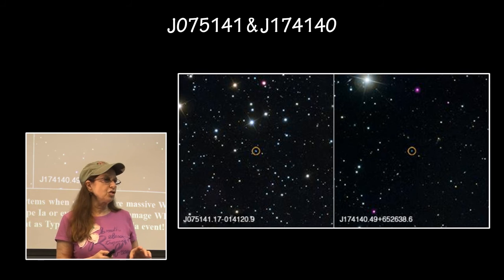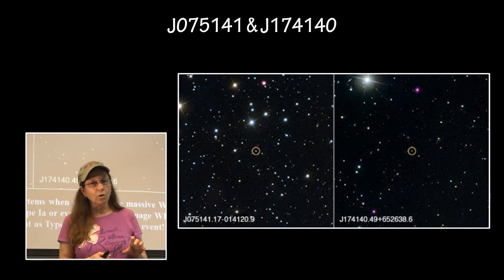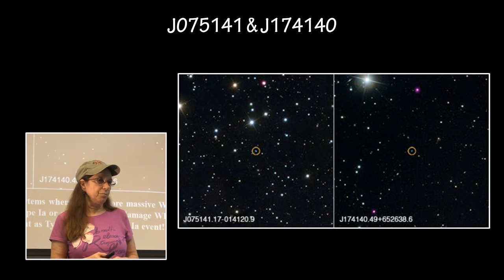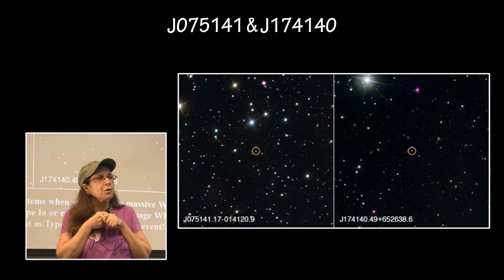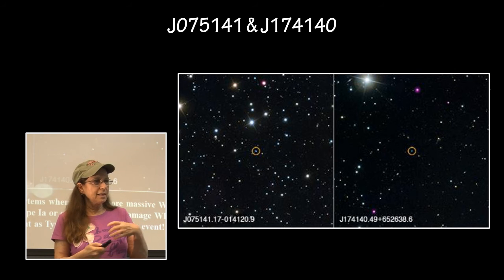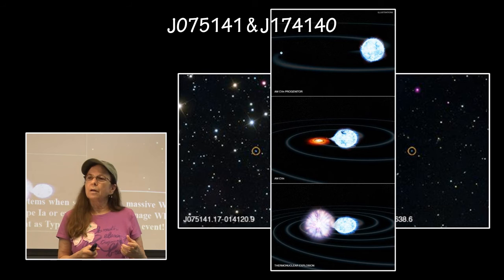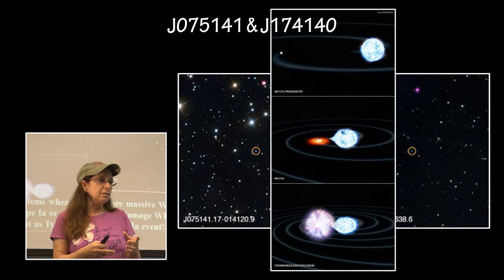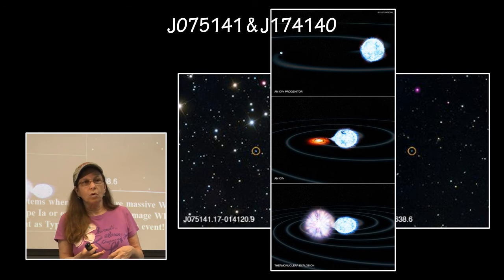They are rapidly approaching the AM CVn category of cataclysmic binary stars, and when they come together, there's more than one possibility as these stars merge. Number one, maybe there's one white dwarf accreting material off another white dwarf.